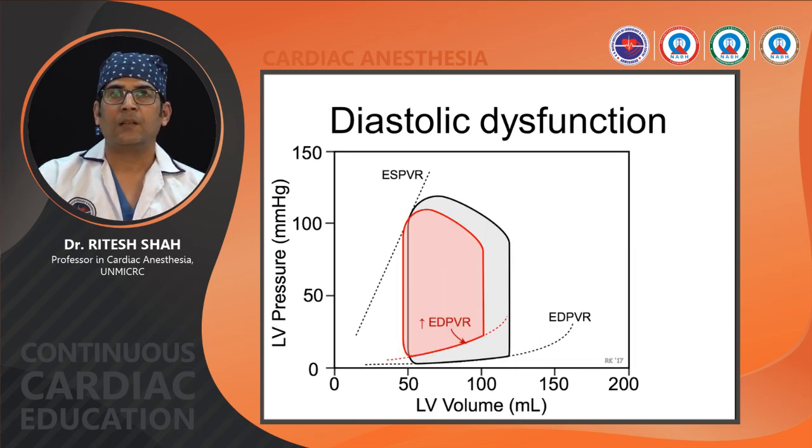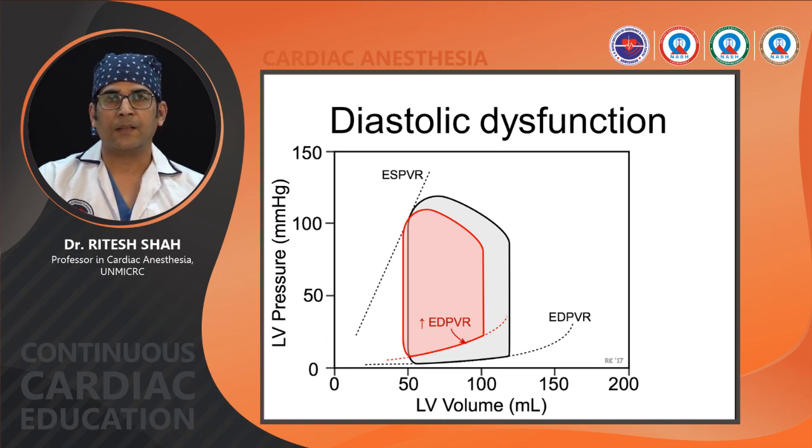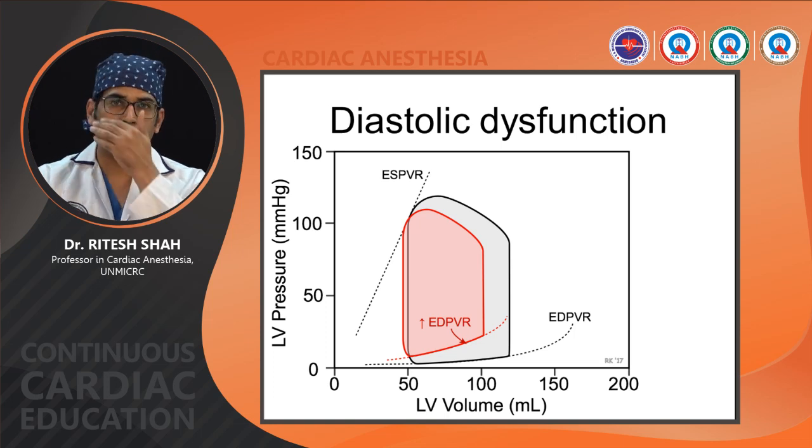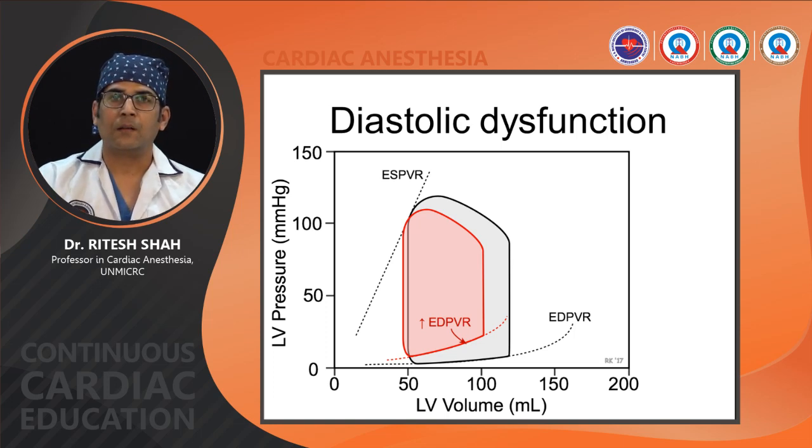What happens in a patient with diastolic dysfunction? In isolated diastolic dysfunction, patients are on the steep part of the end diastolic pressure volume relationship, and the end diastolic pressure volume relationship gets shifted rightward and upward, so that at the same end diastolic volume, end diastolic pressure is increased, and because of that, stroke volume gets reduced.